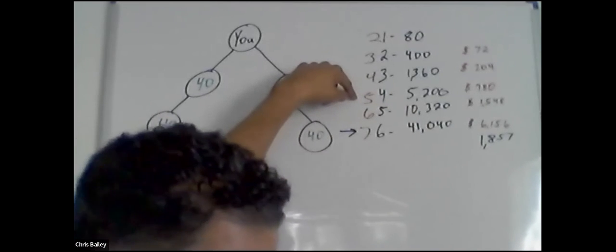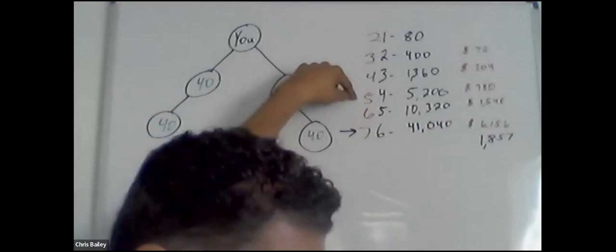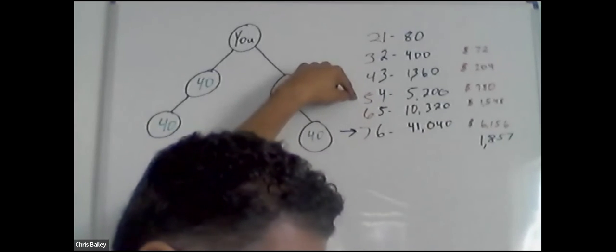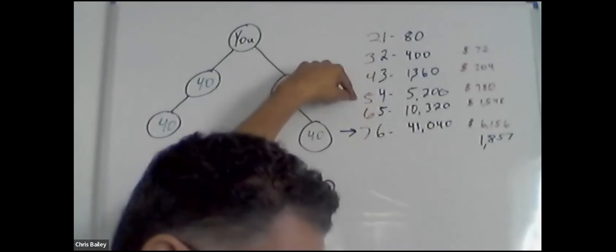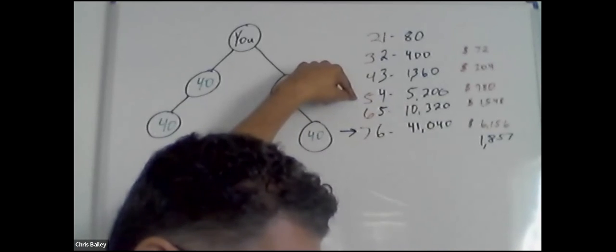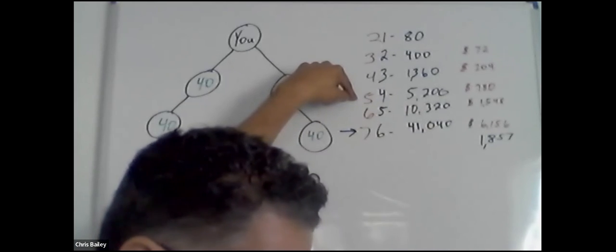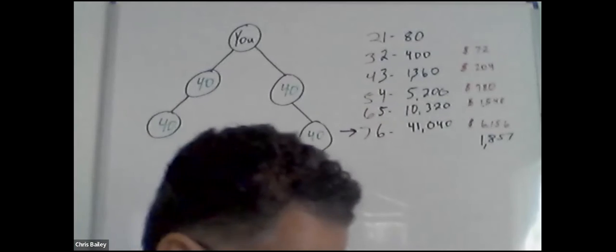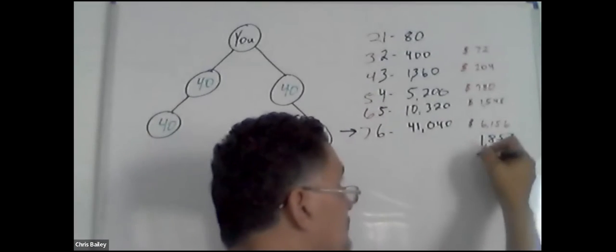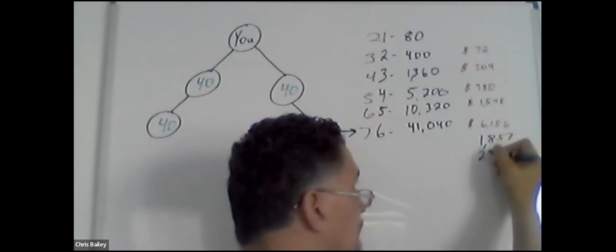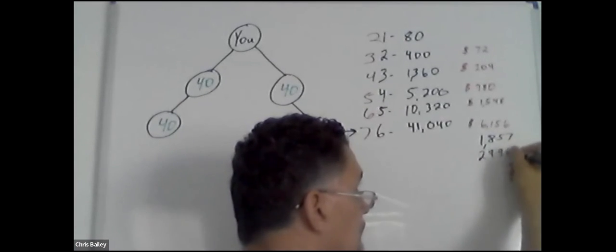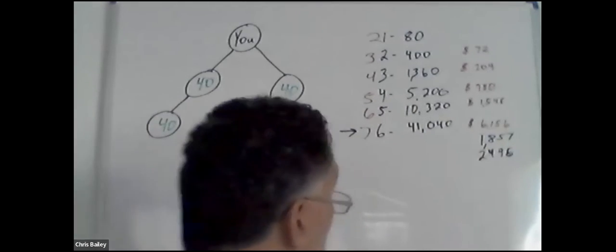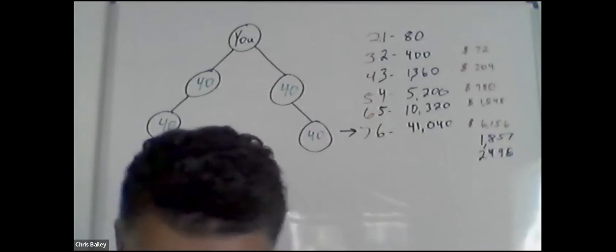So 16 times 780 times 0.2, because you make 20%. That's $2,496.